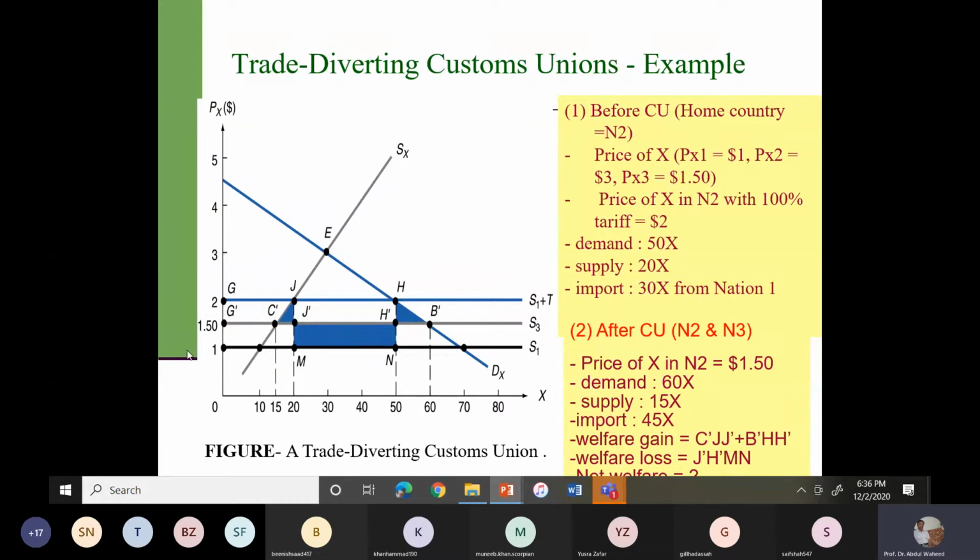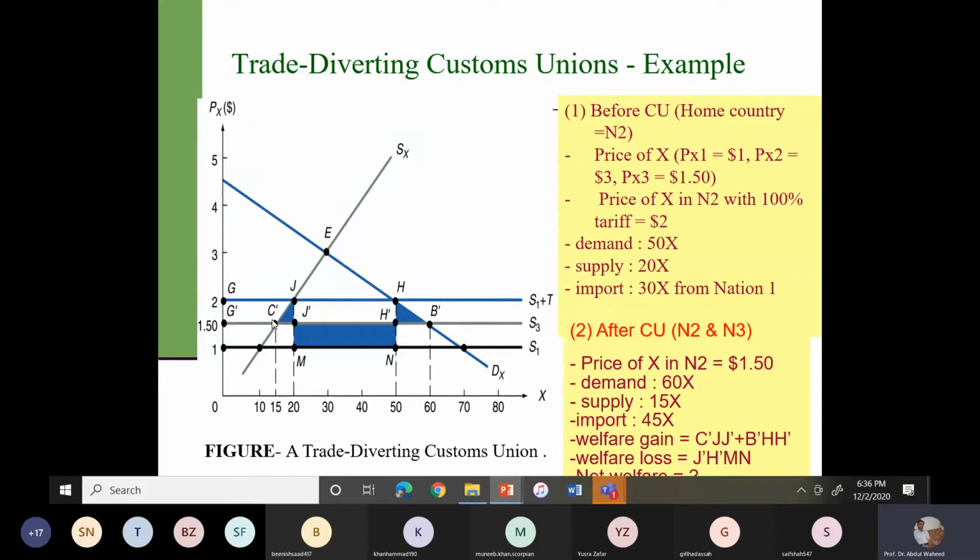Now, when there was no custom union, this nation was importing from nation 1 and there was 100% tariff. Domestic price was $2. But now when there is a formation of custom union of this nation 2 with nation 3, the price is $1.5.